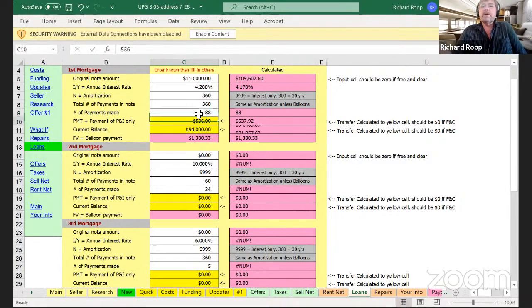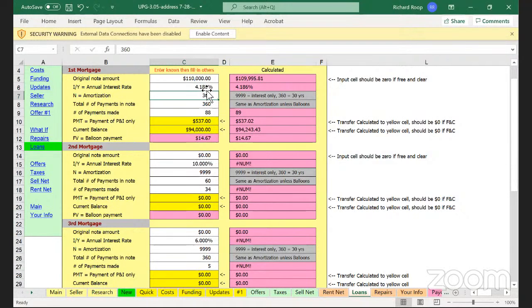If it was on there for 88 months, he would owe 94 if the payment was 537. If he borrowed 110 and the interest rate was 4.186, we want this number right down here to be close to zero, these to be matching close.